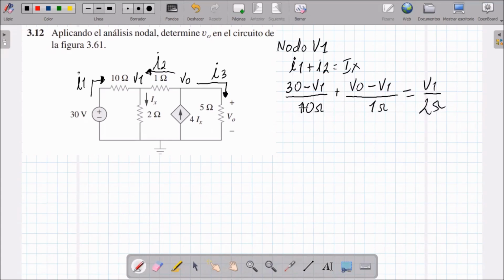Now what we have to do is apply algebra: 30 divided by 10, minus V1 over 10, plus 0 minus V1 over 1, equals V1 over 2.